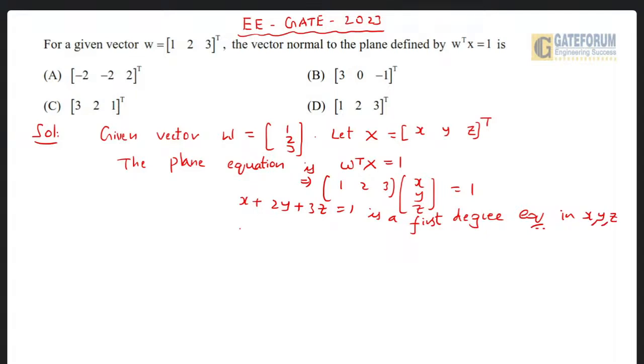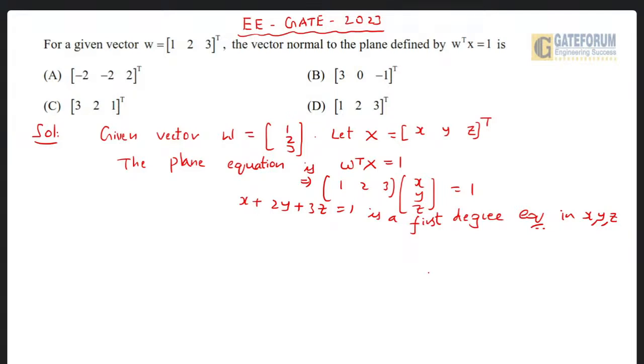Now the plane is a scalar field. For this scalar function, which is a function of x, y, z, we have to find the normal vector. Normal vector means gradient. The gradient always represents a vector normal to the given surface, where the surface here is a plane surface.